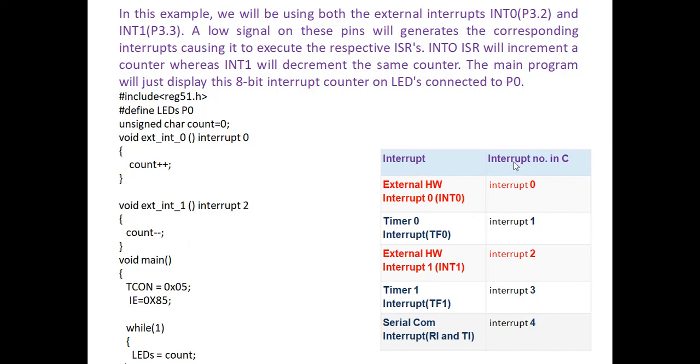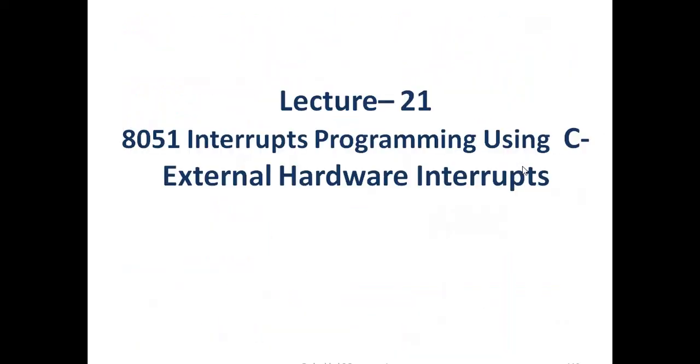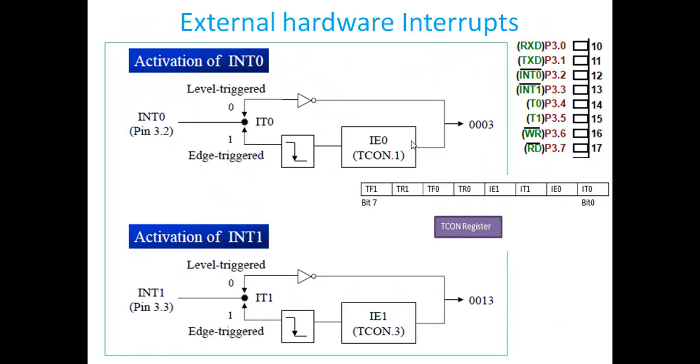As we already discussed, if the interrupt is generated, the controller is going to execute whatever program is written over here, at location 0003 only. The program will return after the external hardware interrupt is serviced.